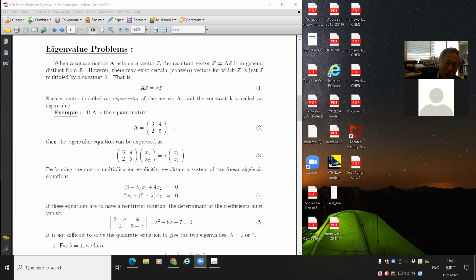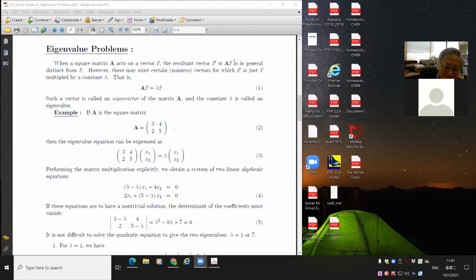All right. So when a square matrix acts on a vector x, the resultant vector is in general very different from the original vector, because you apply the matrix on the column vector x and you try to change it, right?